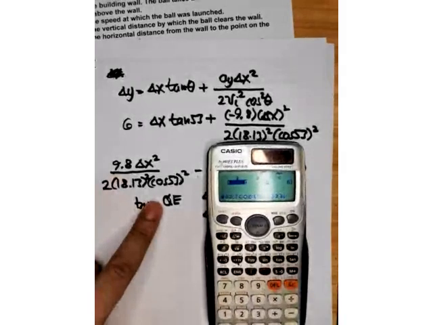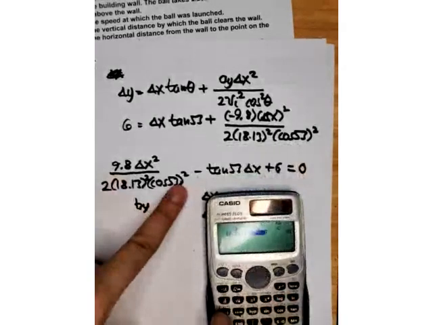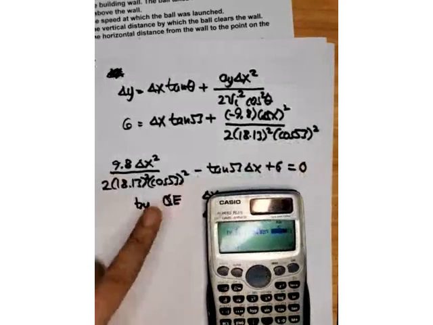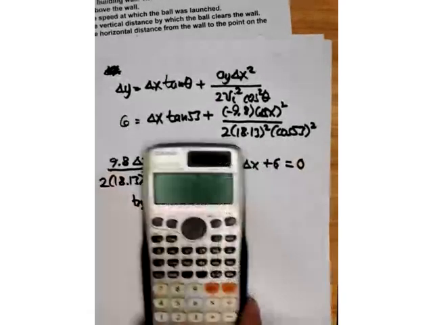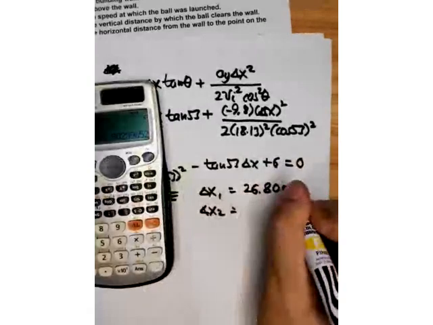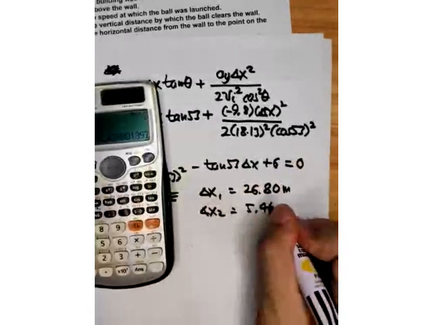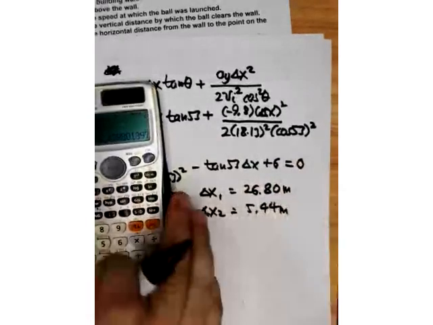Close. Then we have negative tangent 53, and then we have 6. Okay. So the answers are 26.8 meters and 5.44 meters. Ayan.